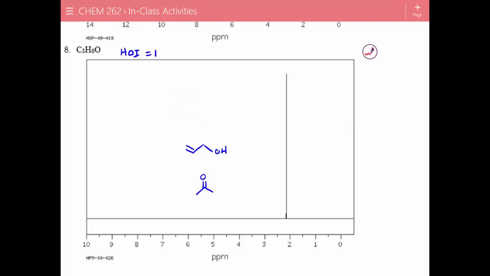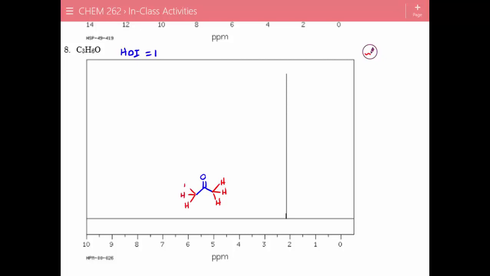Hopefully you're kind of seeing the pattern here. This one we would have a signal for this guy, signal for that guy, signal for that guy, signal for these protons, and then this alcohol. It's way too many signals. Last but not least, what about this compound? What about acetone?